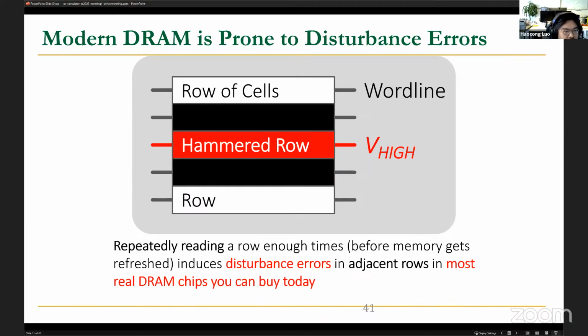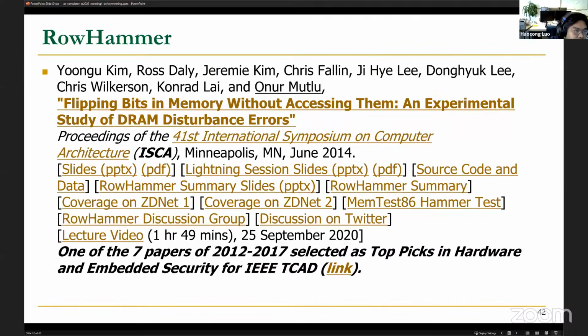So basically, if you keep accessing a DRAM row enough times, it will accumulate enough disturbance in the nearby rows such that they have bit flips. And we have papers that show that most of the DRAM chips you buy today, despite the DRAM manufacturers claiming that they are solving the problem, are still vulnerable to this kind of disturbance.